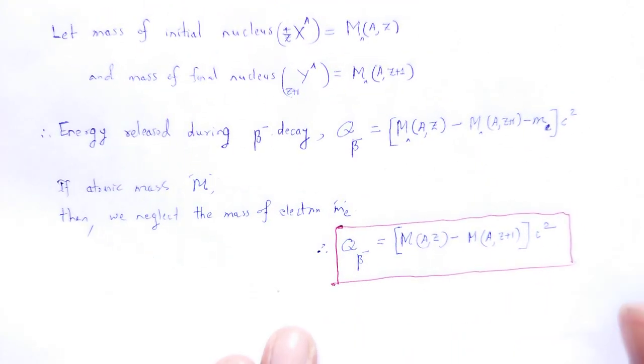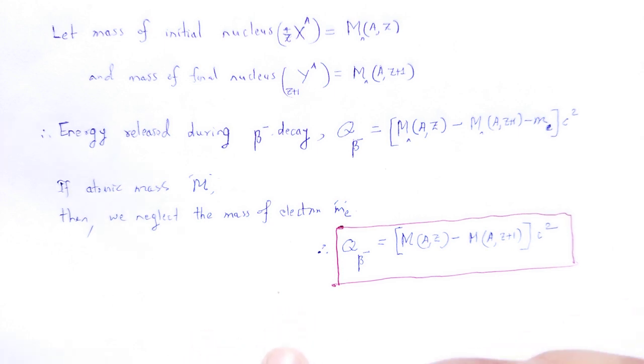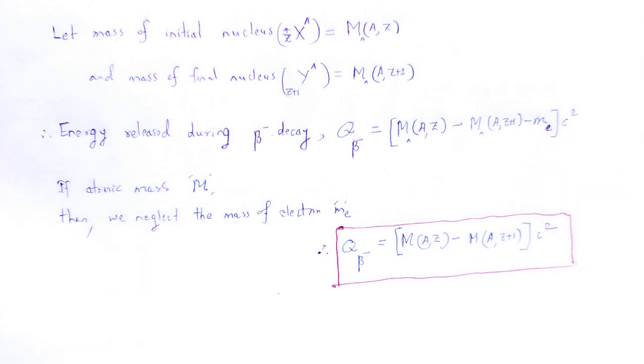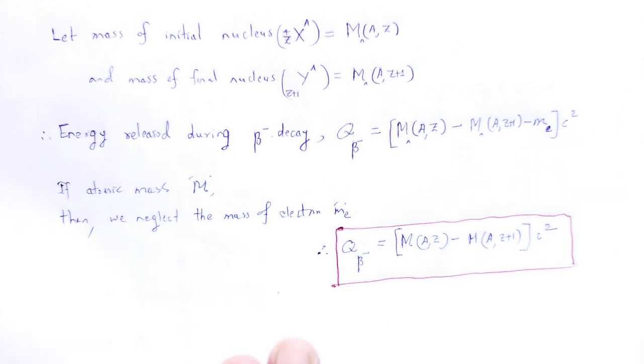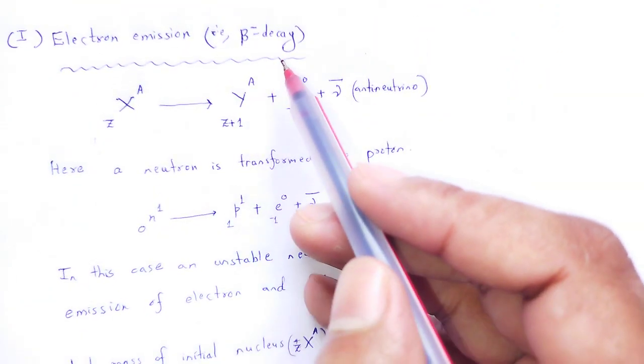In an atom, the mass of the atom is nothing but the mass of the nucleons, the mass of protons and the mass of neutrons. When we consider the atomic mass, we neglect the mass of the electron here. This amount of energy is released during the beta minus decay process.